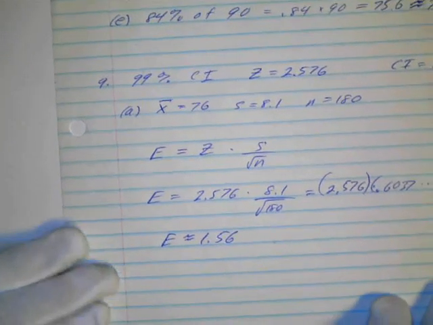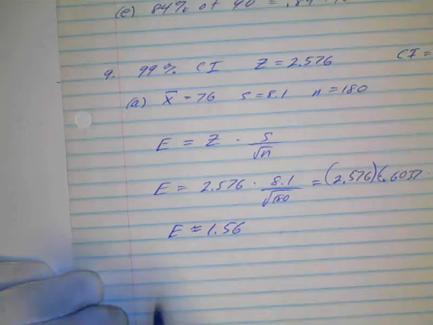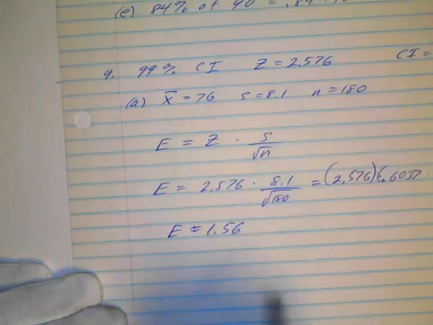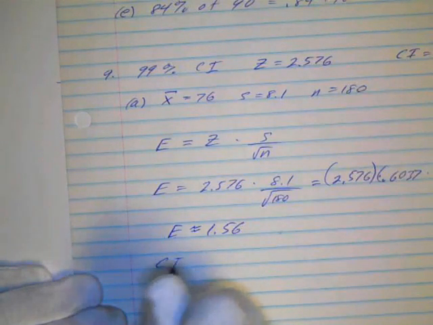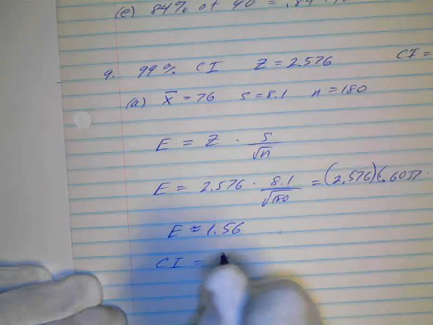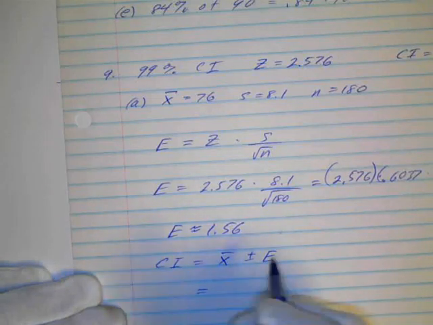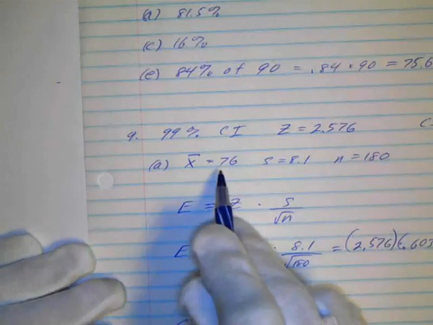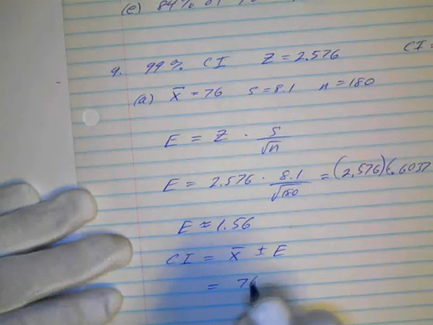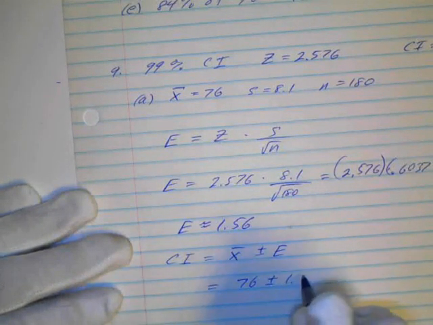Now my confidence interval is just my sample mean plus or minus the error. So it's going to be equal to my sample mean, which was what? 76, plus or minus the error, which was 1.56.